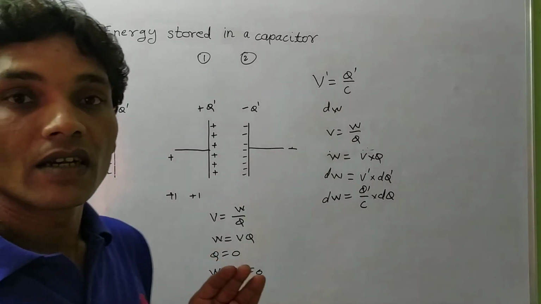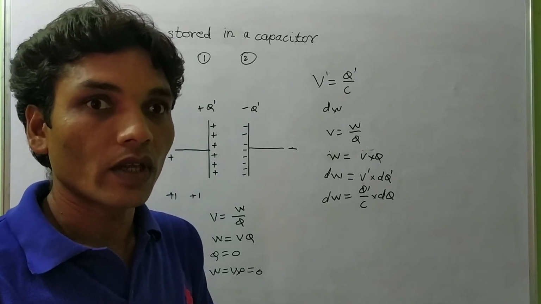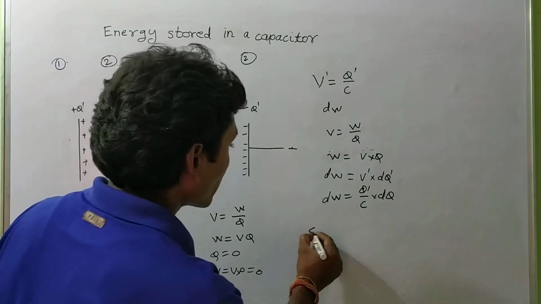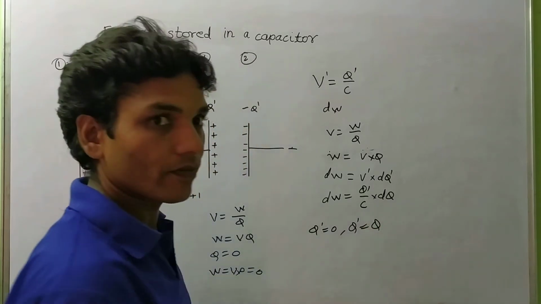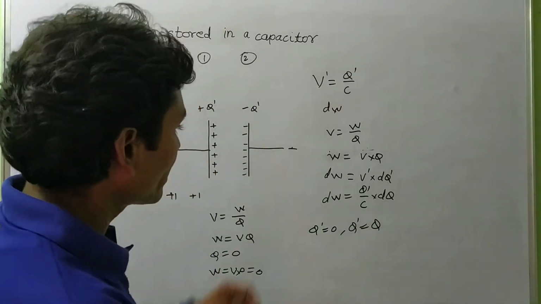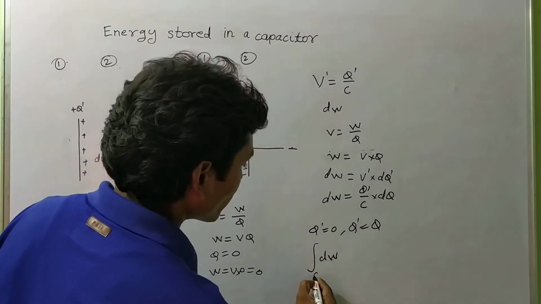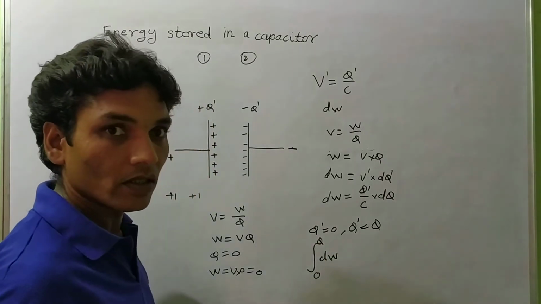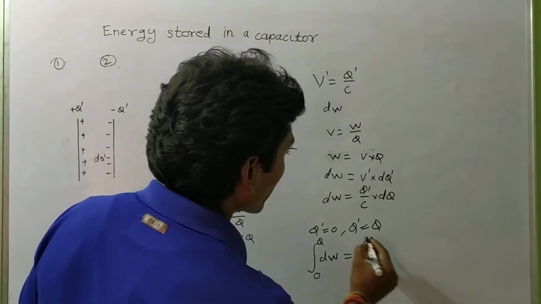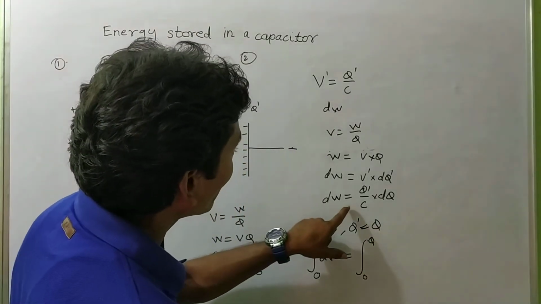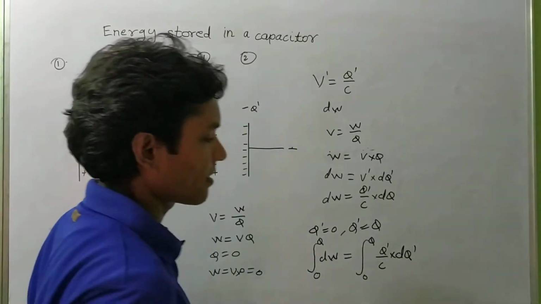We have to find the total work done in charging the capacitor, from charge Q dash equal to 0 to Q dash equal to Q. For that we have to integrate this work done from 0 charge to Q. So W equals the integral from 0 to Q of Q dash upon C into dq dash.